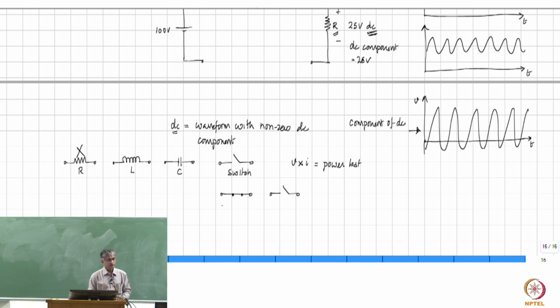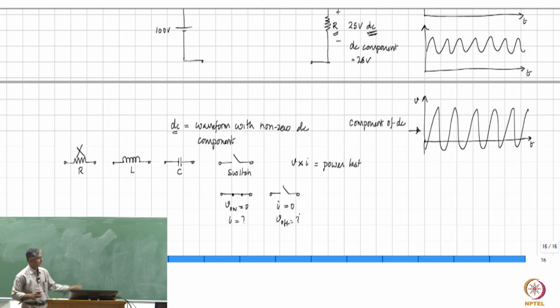If the switch is on, the voltage across the switch is equal to 0, and some current will flow through the switch, which is decided by the rest of the circuit. The switch doesn't decide how much current will flow; it is just switched on. Other circuit elements will decide how much current will flow through. If the switch is off, the flow of current is equal to 0, and how much voltage is applied across the switch will be decided by the rest of the circuit, right?